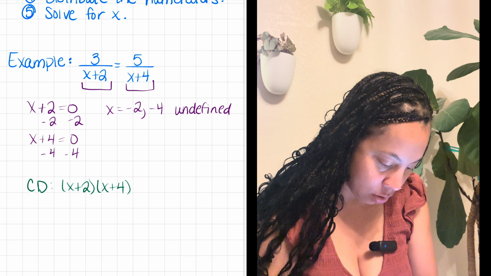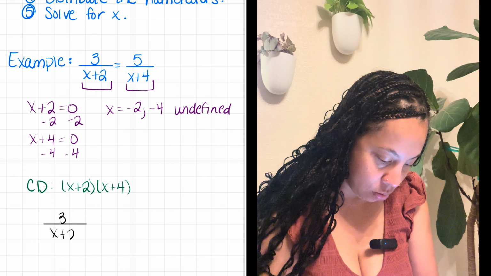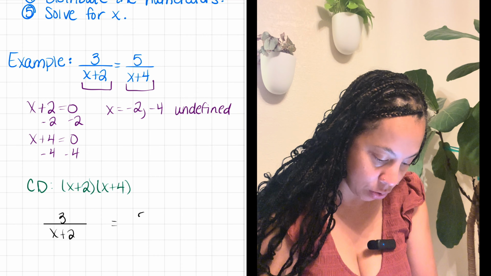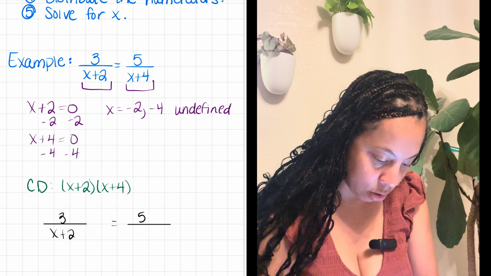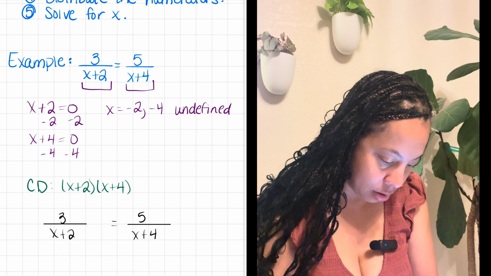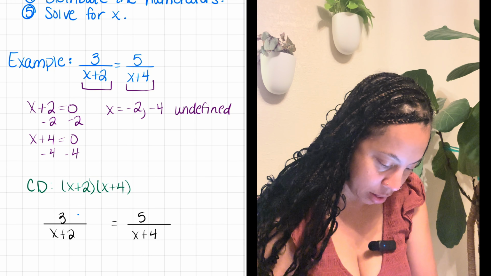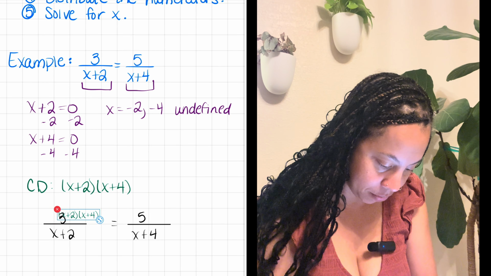We have 3 over x plus 2 equals 5 over x plus 4. And we're just going to multiply everything by this common denominator.